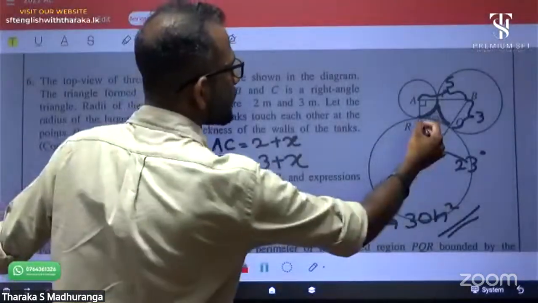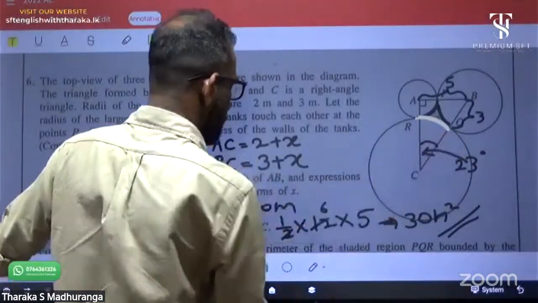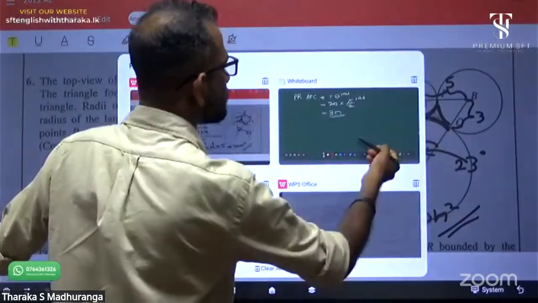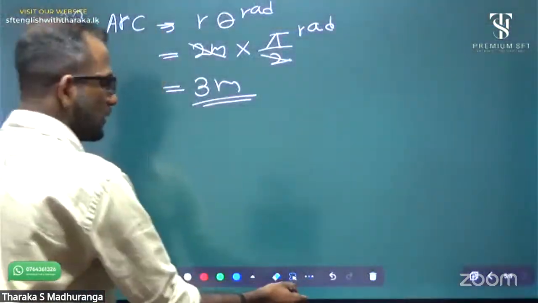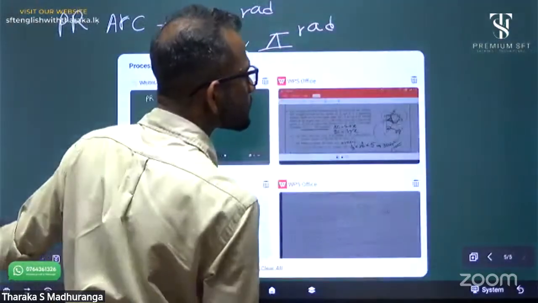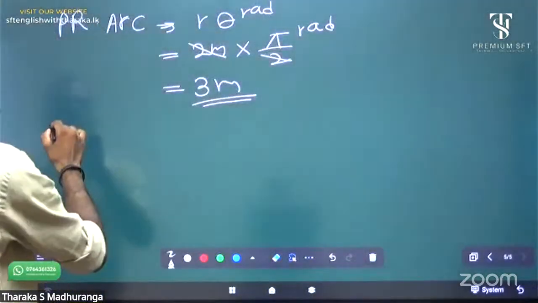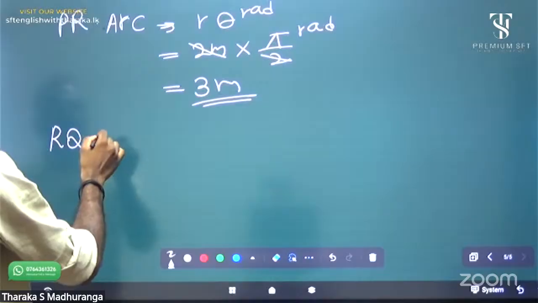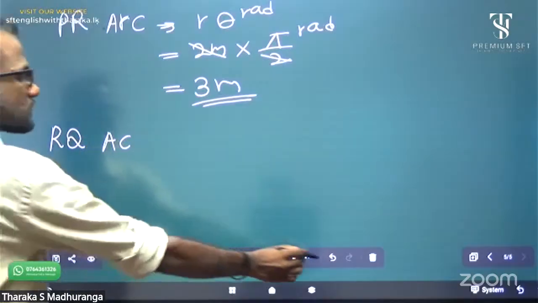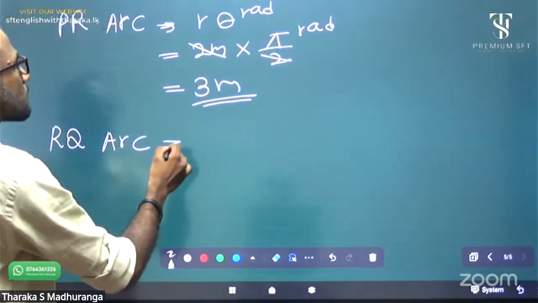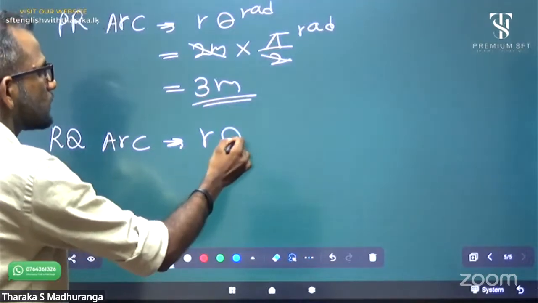Alright, now we can get the remaining arc length, RQ. Arc length is R times theta.